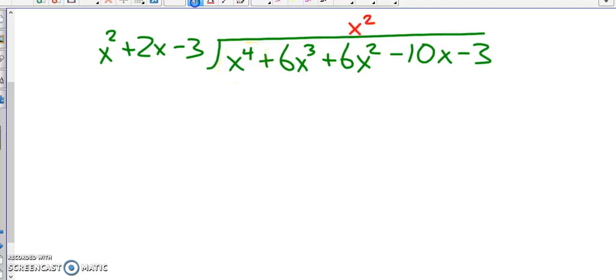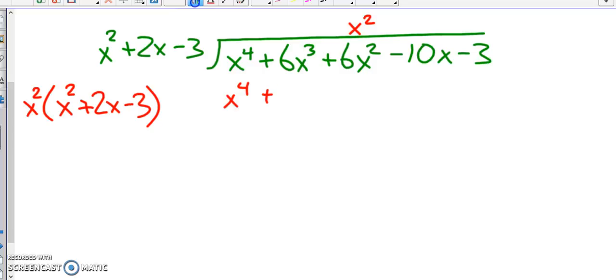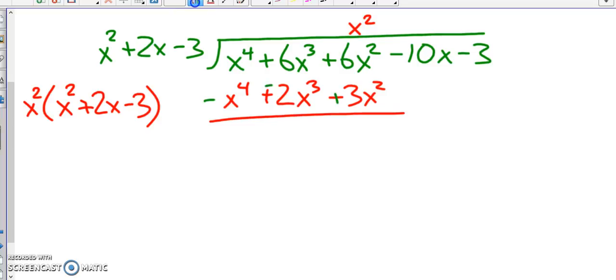So I put x squared here. x squared times x squared plus 2x minus 3 would be x to the fourth plus 2x cubed minus 3x squared. Change the signs, add, this goes away, this would be 4x cubed plus 9x squared, bring the next term down, minus 10x.